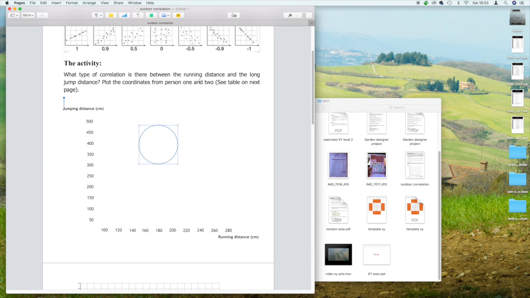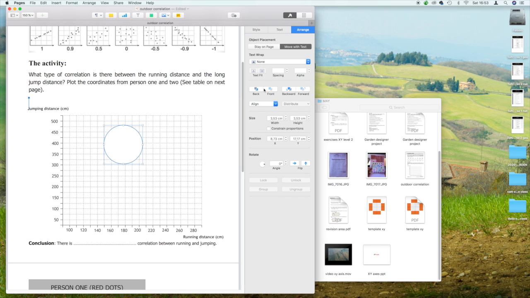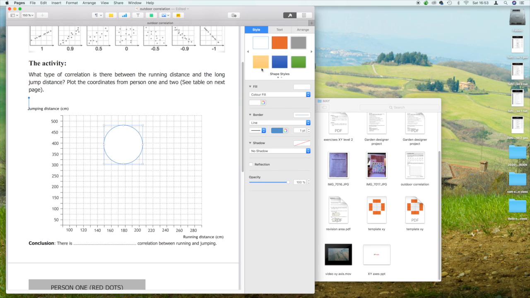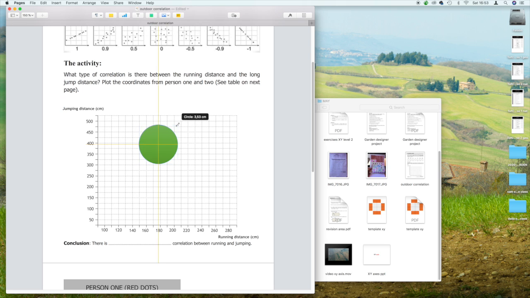Let's make this dot green. There we go. So it was 200, the running distance, and when I jumped I could reach 480, which should be around there.